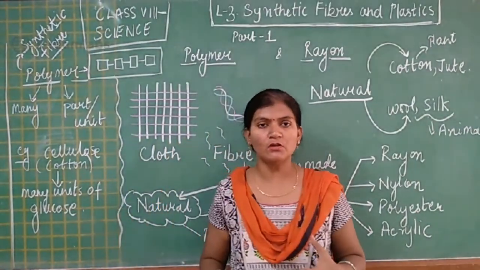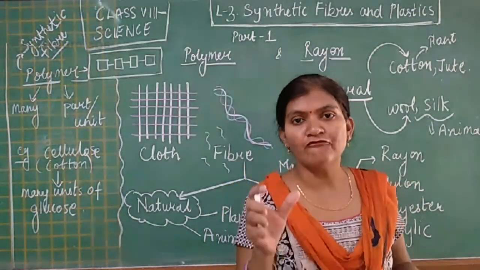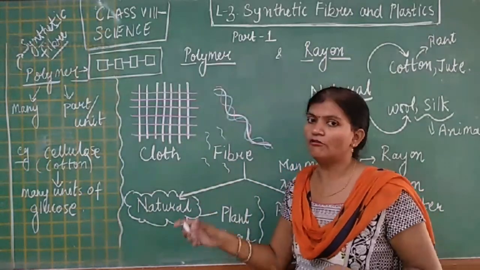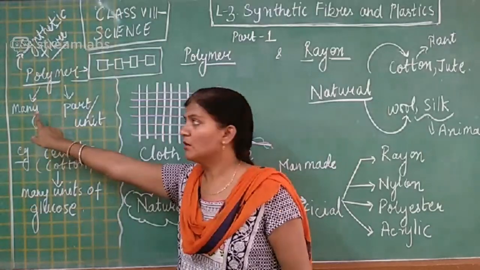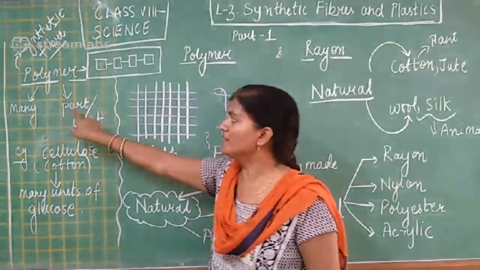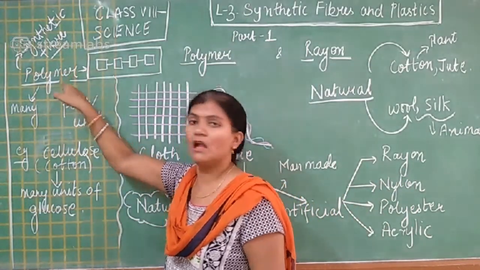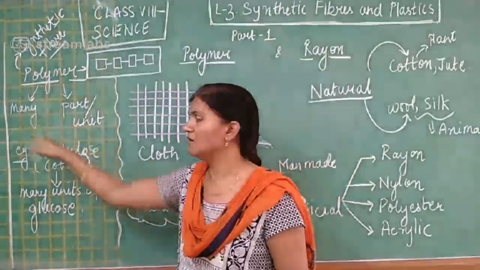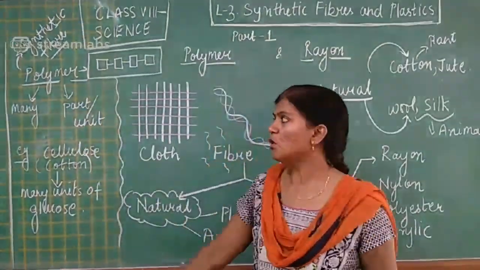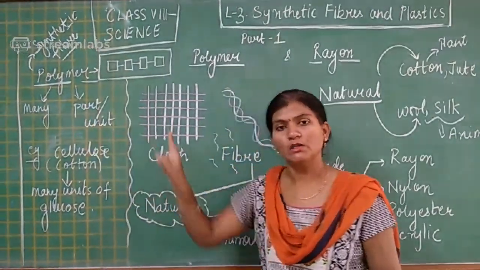What is a polymer? Polymer is a word which itself is comprised of two words. One is poly and another one is mer. Poly means many and mer means part or unit.